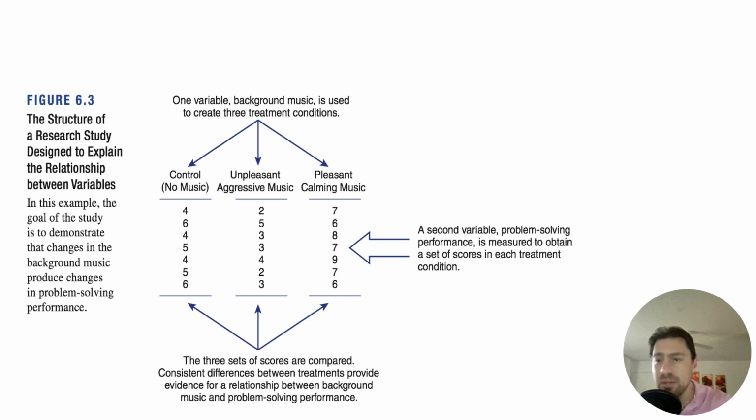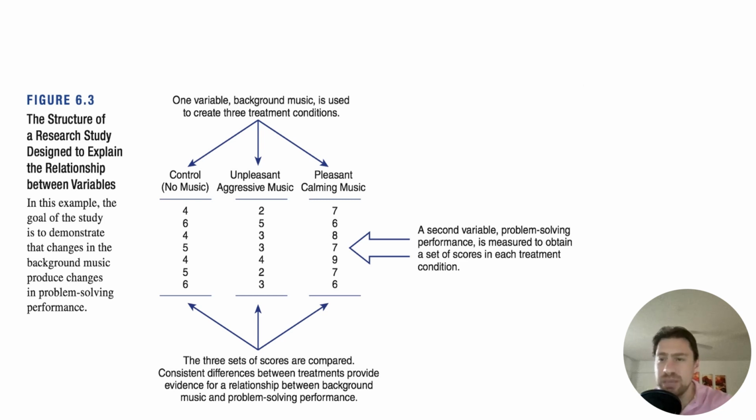Then in the middle, you have the unpleasant condition when people solved problems while listening to something unpleasant, aggressive music, something jarring. Use your imagination. And finally, in the right column, you have the pleasant condition when people solved problems while listening to calming, relaxing music.